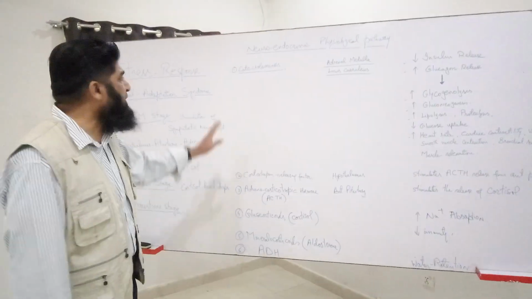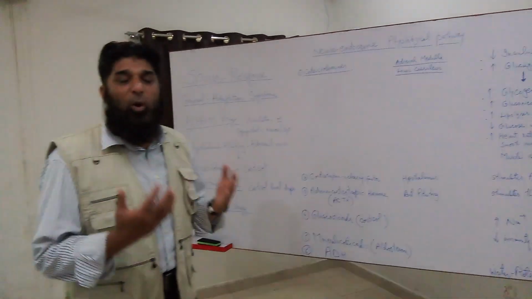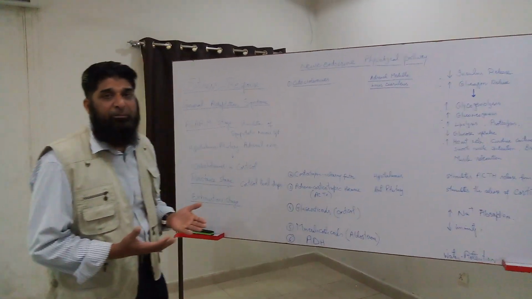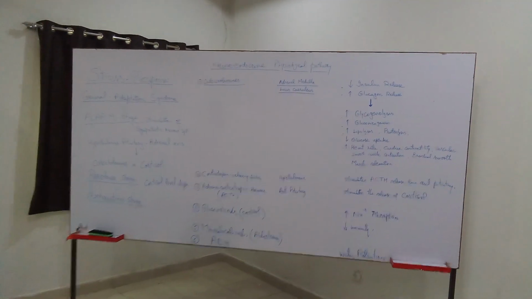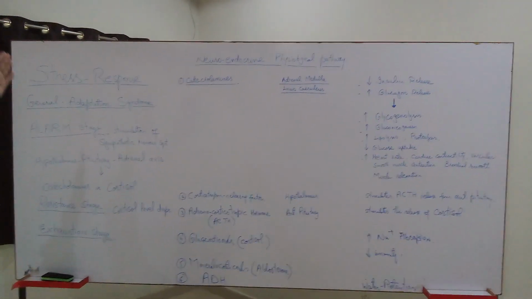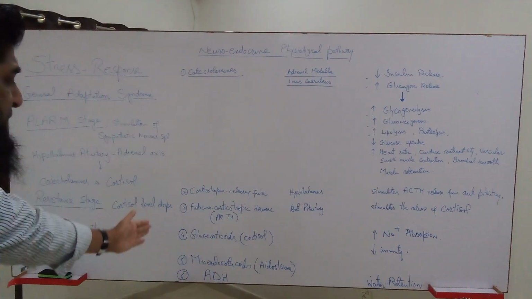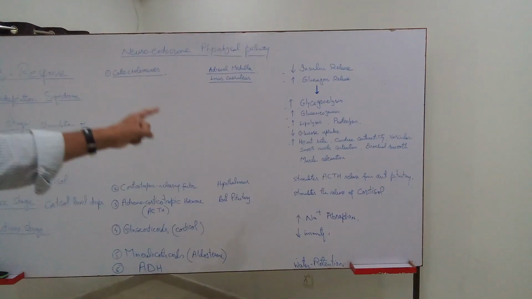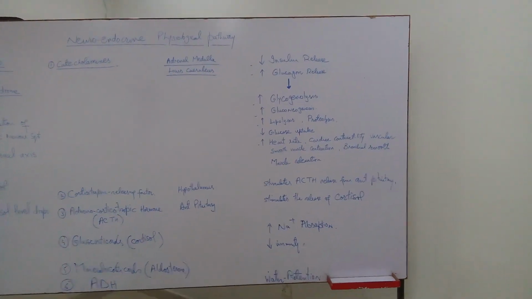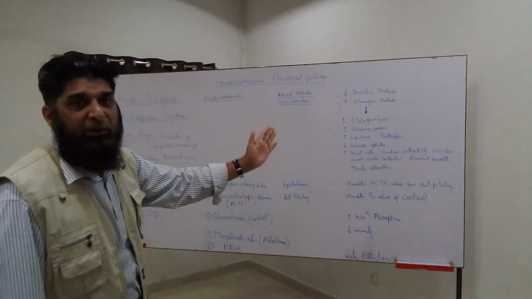So, this was very brief about response of the human body as a result of stressors. These are the 3 stages, and these are the 6 important hormones. And lastly, we have got their physiological response, the end result.